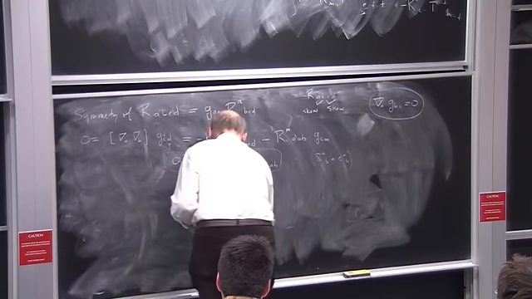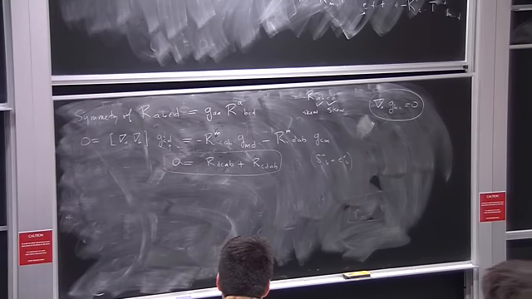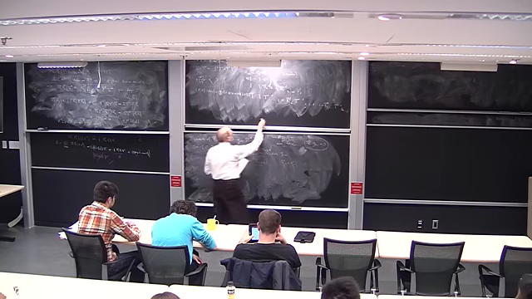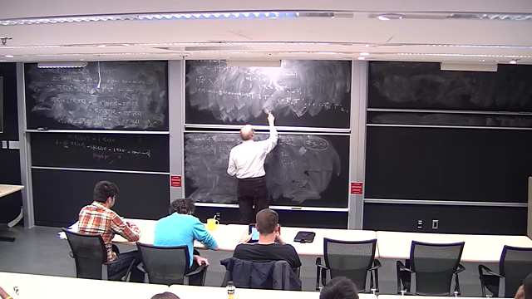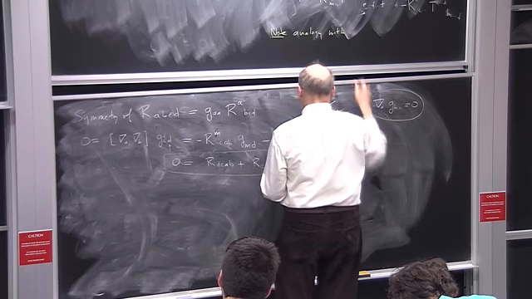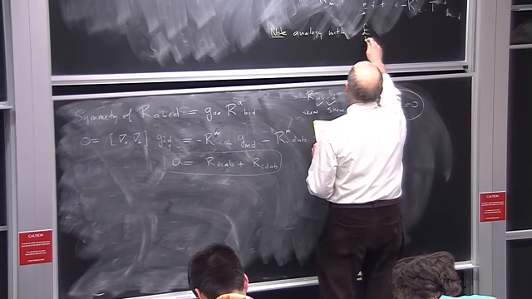Oh, there was something else I meant to say. Well, I did say it, but I meant to write it down, which is in this formula, just note the analogy with Lie derivative formulas.